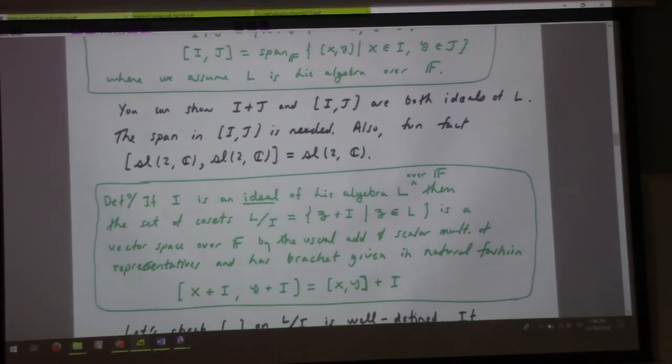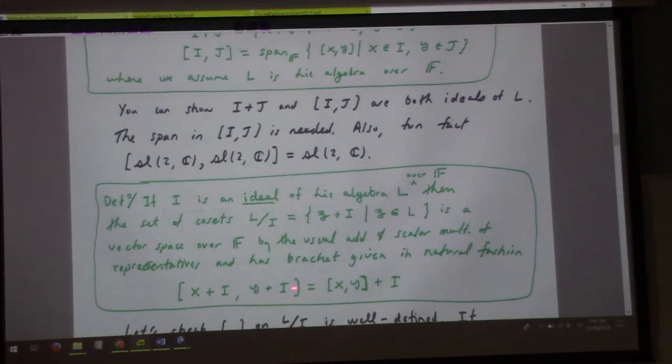And of course, what are ideals useful for? They're useful for setting up the quotient Lie algebra, right? So the quotient Lie algebra is the set of cosets, all right? So we define the quotient vector space as we might have done in linear algebra, some of us. And then we take that quotient vector space and we give it a bracket.